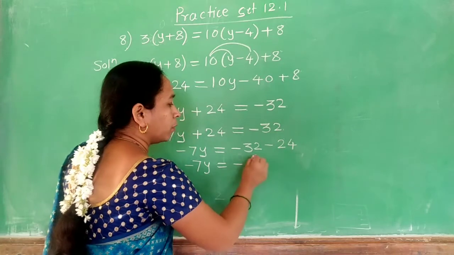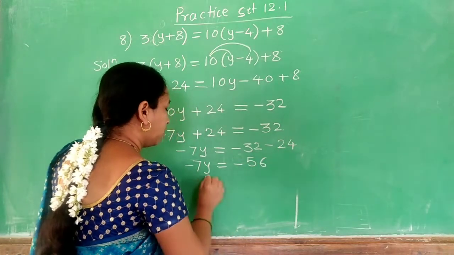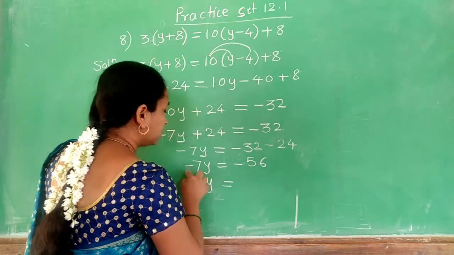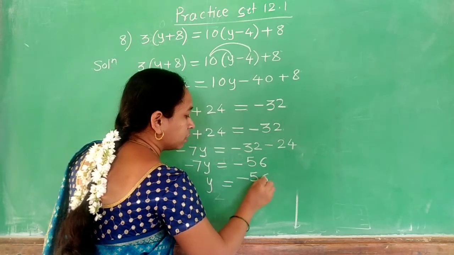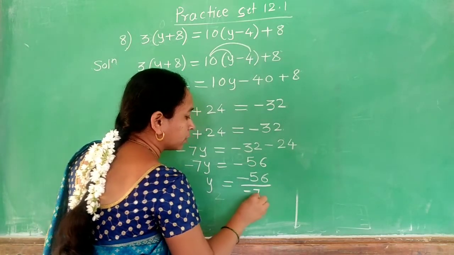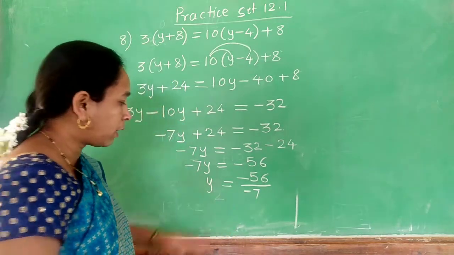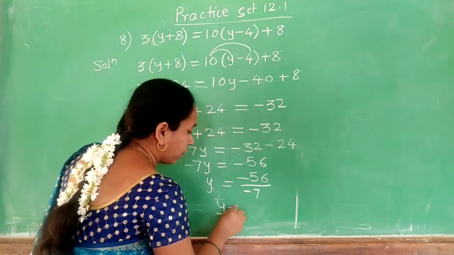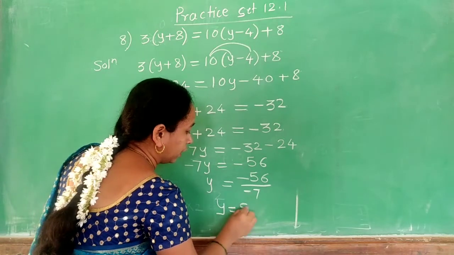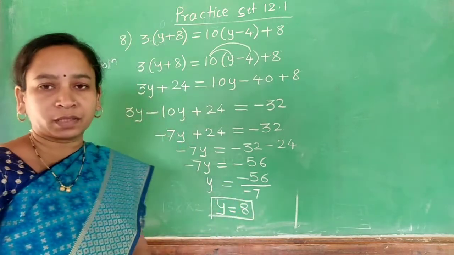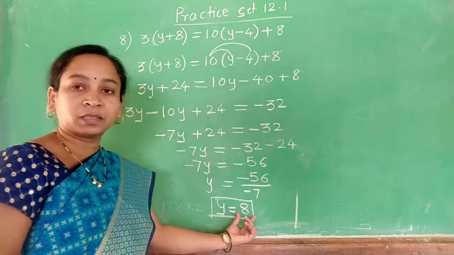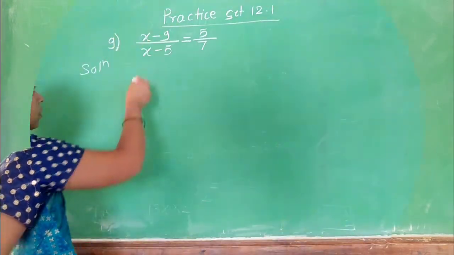So the answer would be minus 56. Y as it is, 7y is in multiplication. We have to transfer it here, so it will go at the denominator, that is in division. Divided, we will get the answer y is equal to 8. These negative signs will cancel each other and we will get the answer y is equal to 8.